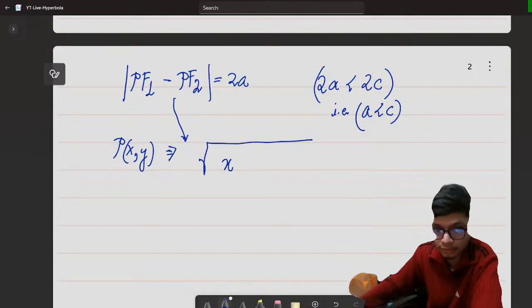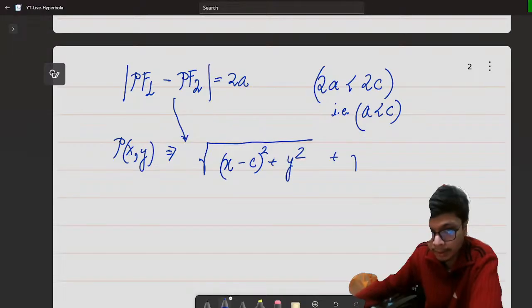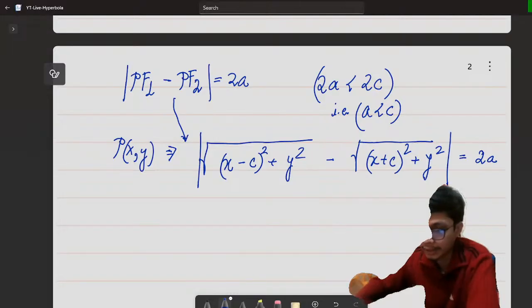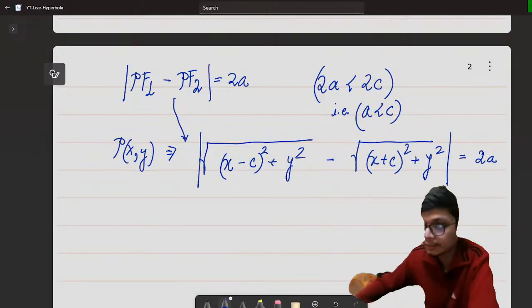The distances will come out as the square root of (x minus c) whole squared plus y squared, plus the square root of (x plus c) whole squared plus y squared, and this should be equal to 2a. Sorry, I made a mistake. It should be subtraction, the difference, and I should have put a mod over here. Is it clear to all of you?